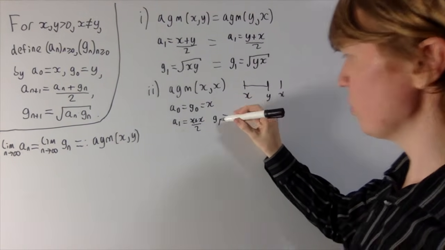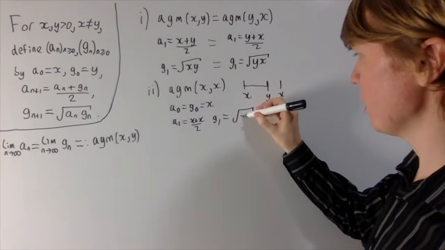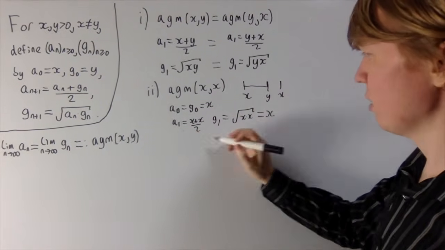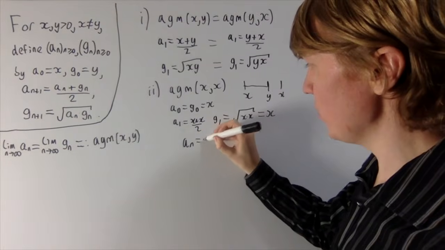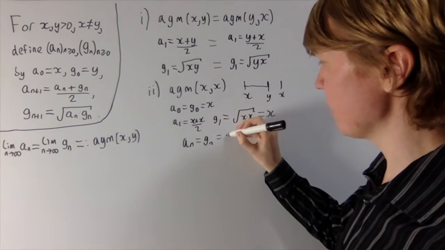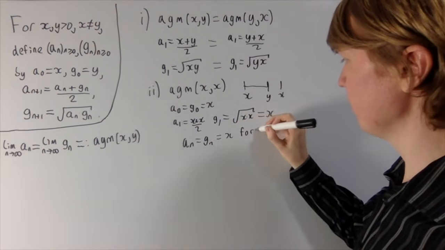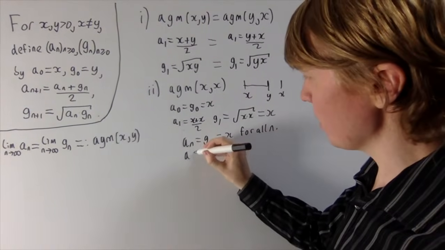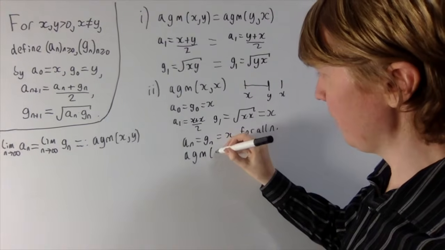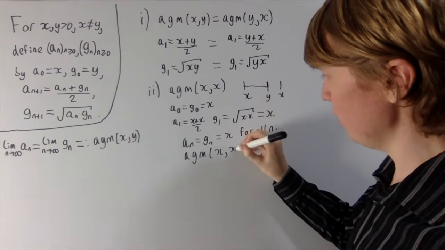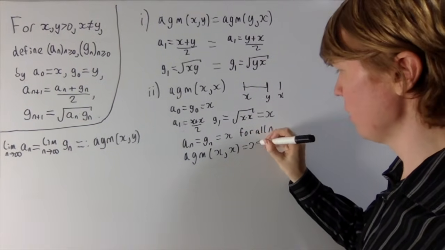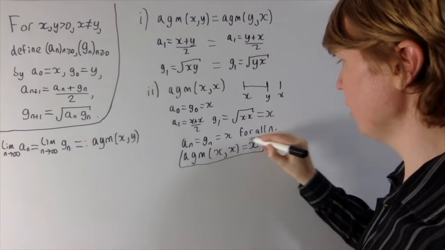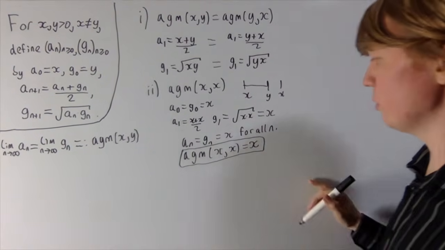G1 would just be equal to root of x times x, so root x squared. This would be equal to x. So actually, An would be equal to Gn, would be equal to x for all n. So what this means is the AGM of x and itself will be equal to x, which is a nice property to have.